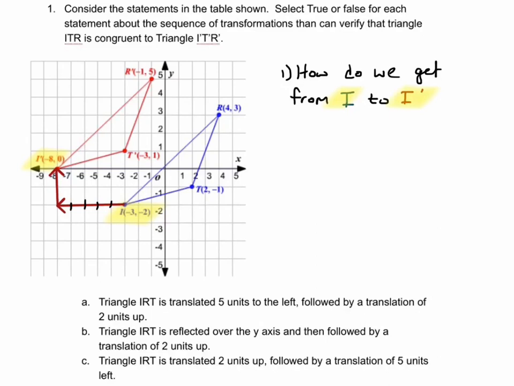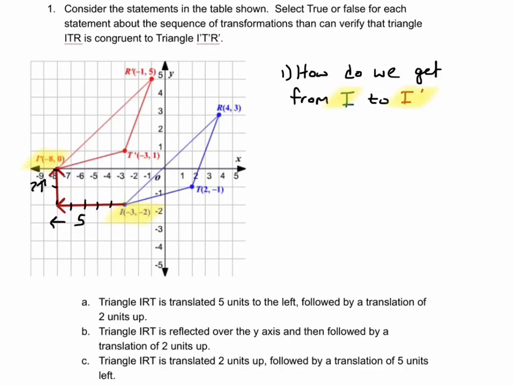So 5 units this way. And then we go up 1, 2 units up. Oops, wow, that's supposed to be an arrow. Alright, so 2 units up.